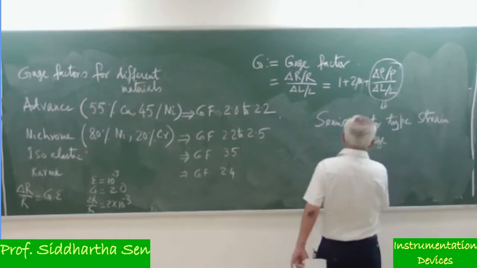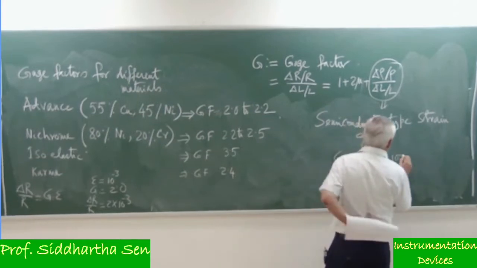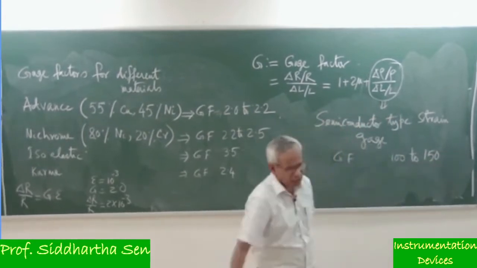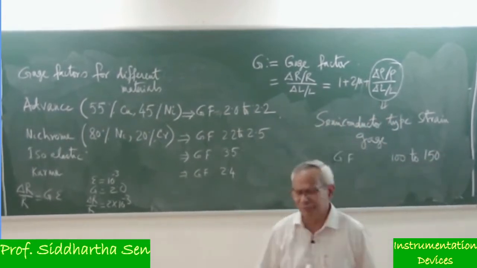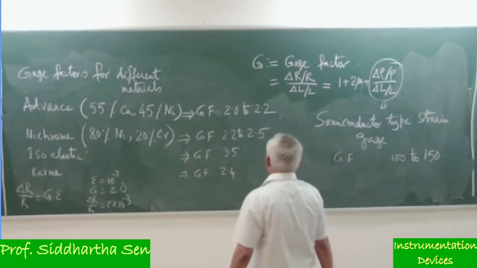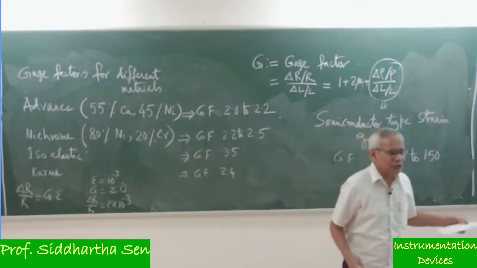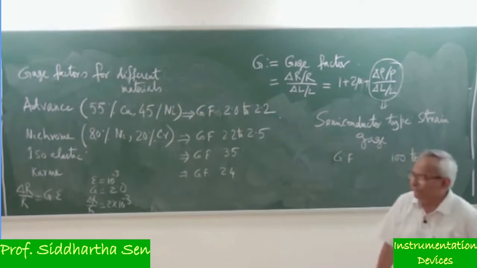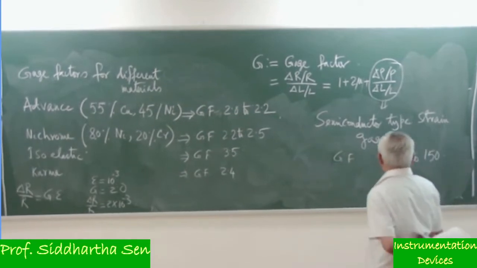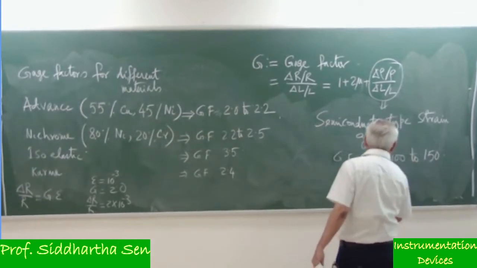And here the gauge factor varies between 100 to 150. So naturally it is much higher compared to metallic strain gauges, so it is much more sensitive, but at the same time the disadvantage is nonlinearity.